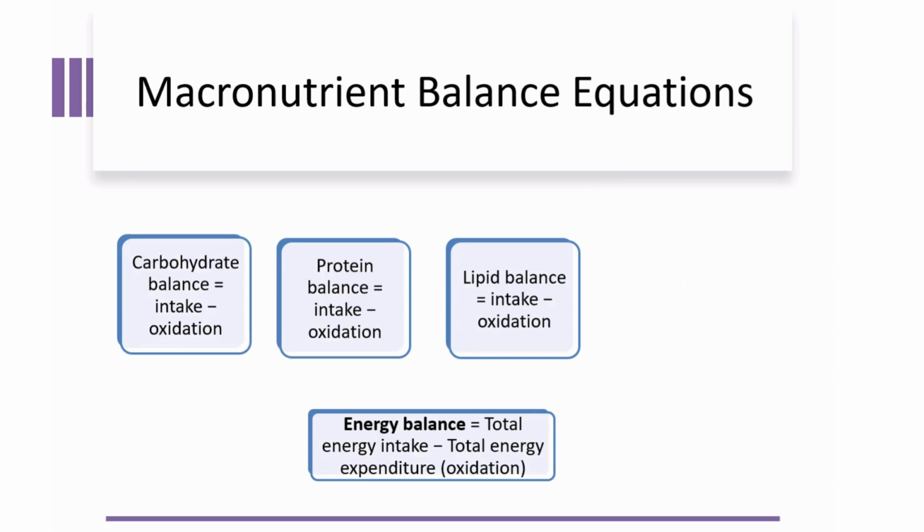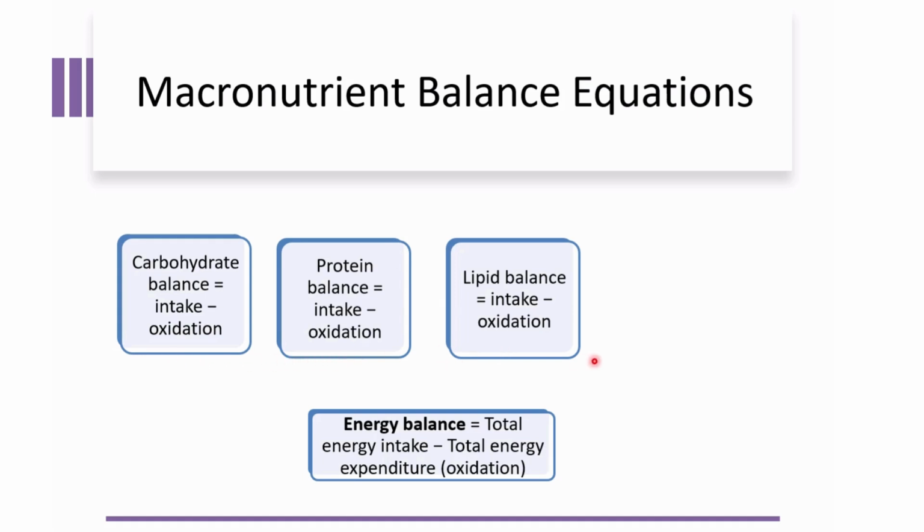Now we will see what are the sources of energy and macronutrient balance. The balance equation for each macronutrient compares how much of that nutrient is consumed or taken in versus how much of it is used up or oxidized by the body.